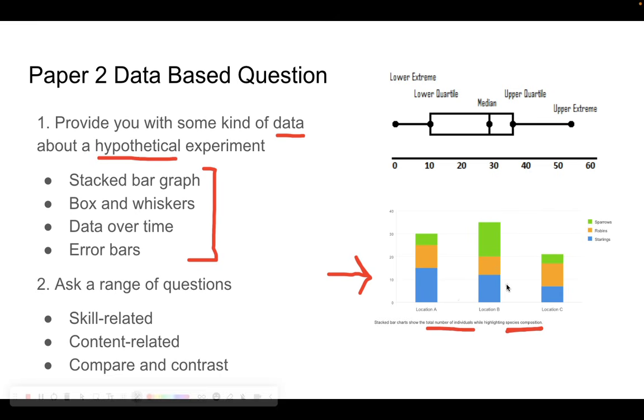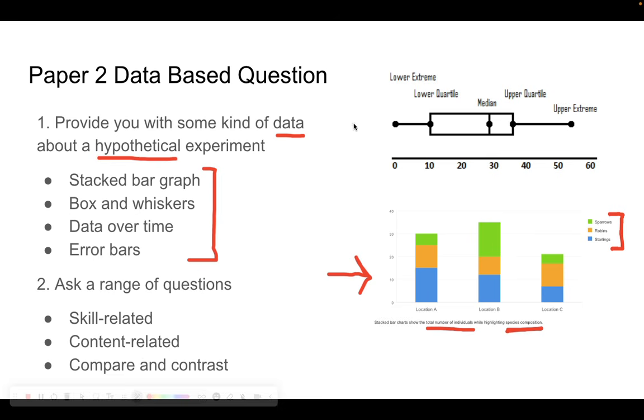It doesn't have to be with species, but this one is different types of birds in 3 locations. And you could be asked some analysis questions about which location has the most even distribution, which one seems to have the most skewed distribution, what are some reasons why this might be. It's really critical thinking skills.